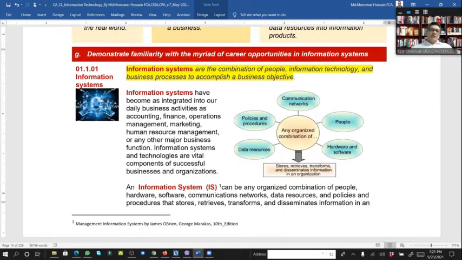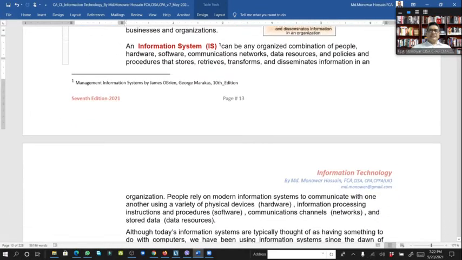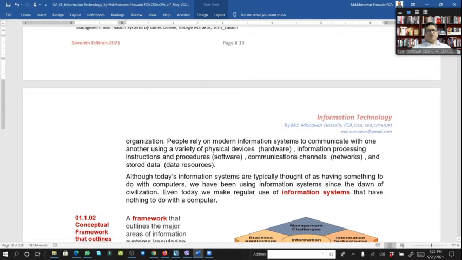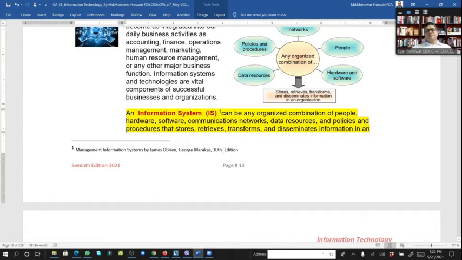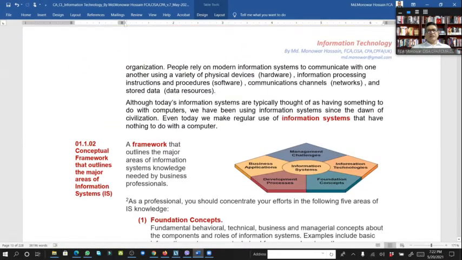So information system can be an organized combination of people, hardware, software, communication network, data resource, and policies and procedure that store, retrieve, transform, and disseminate information in an organization. So this is the total meaning of information system. It is the short meaning of information system.